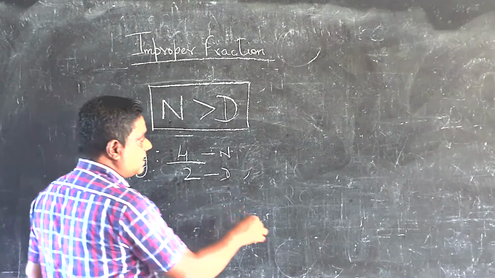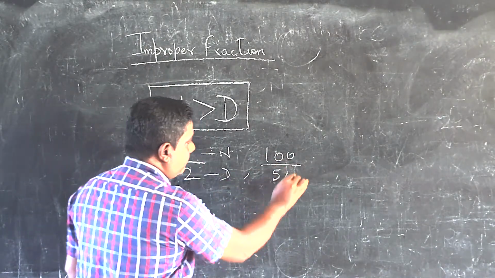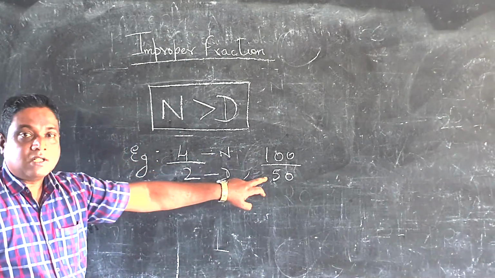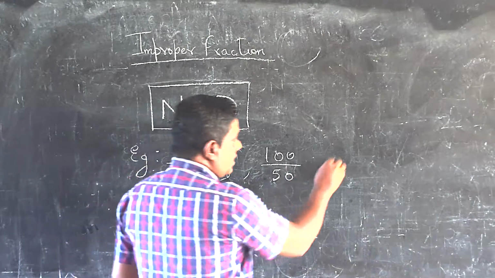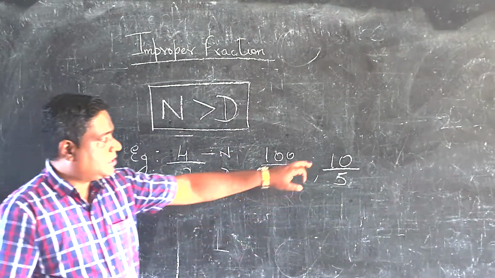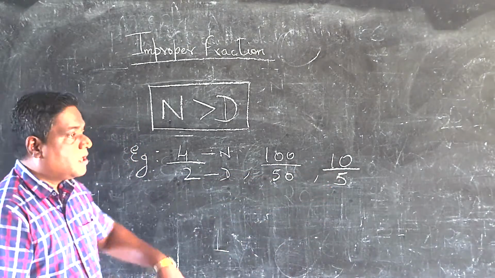Again, second example, 100 upon 50. Is the numerator greater than the denominator? Yes. So I say 10 upon 5. Is the numerator greater than the denominator? Yes. Understood, students?